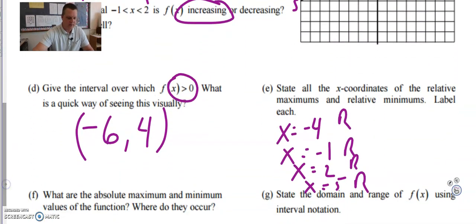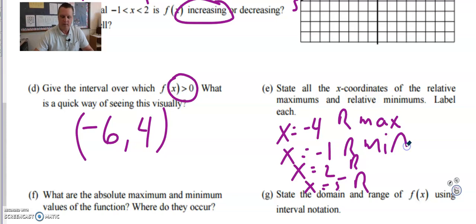That is a relative max because it goes up to it, hits the point, and now is decreasing. At negative 1, that's a relative min. At 2, it is a relative max. And then at 5, it is a relative min.